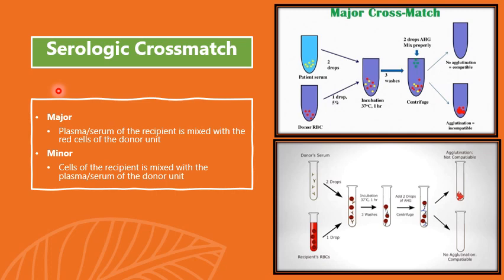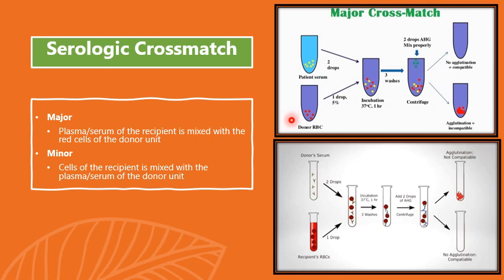So in major cross-matching, plasma or serum of the recipient is mixed with the red cells of the donor. So let us take a look with this figure. So the plasma or serum of the patient mixed with the donor's RBC.